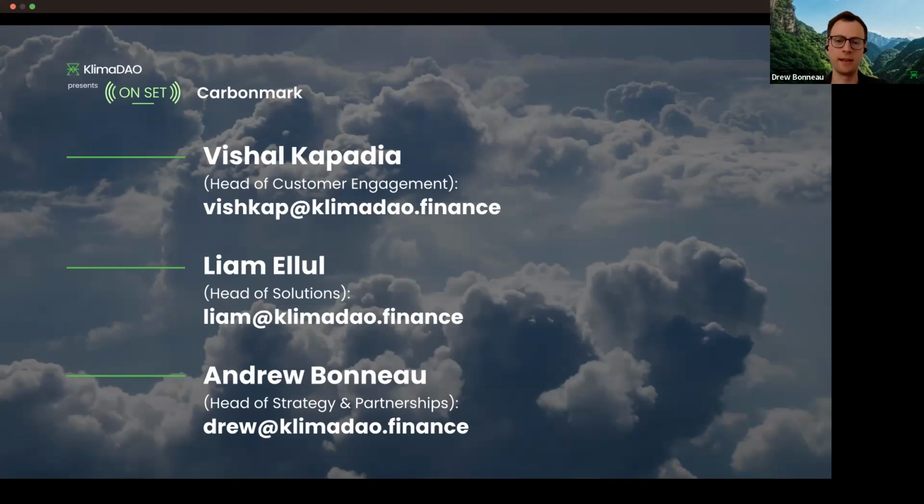And then finally, the piece I would touch on there is that Carbonmark is modular in a sense. We're looking for other people to build atop this. And one of the things that I spoke with some people about last week at the IETA European Climate Summit was augmenting project information on Carbonmark with, say, remote sensing data for nature-based projects.